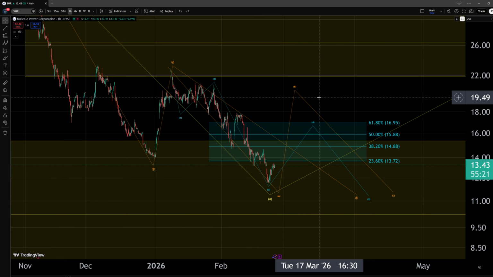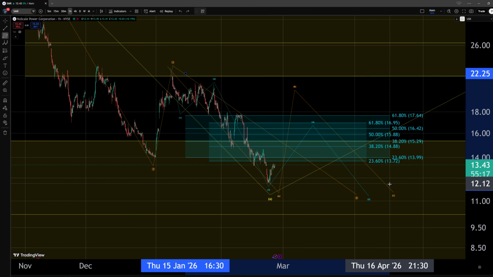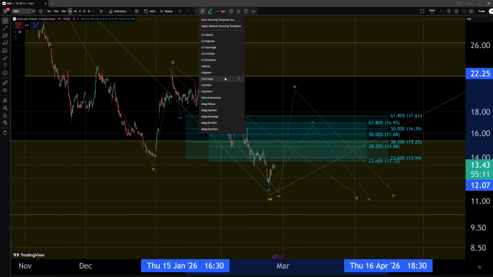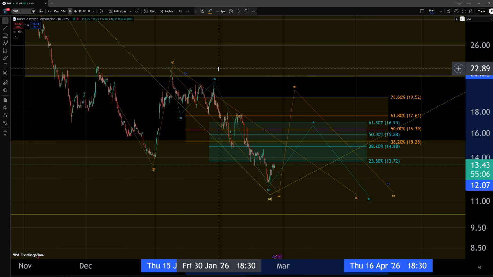Then, for a potential wave B area of resistance, we would be watching the 78.6% retracement. That is the ultimate level that I need to see broken for a signal that a more substantial bottom would be in place.